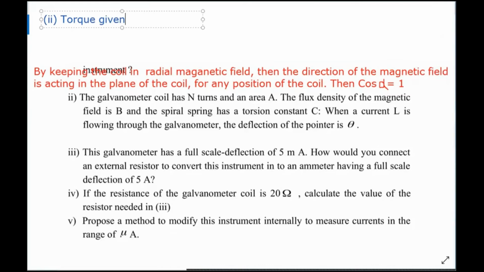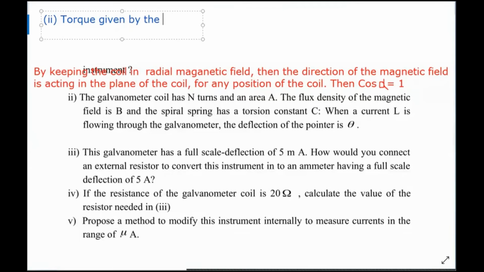When the torque given by the current becomes equal to the torque given by the hairspring, then the coil comes to rest.